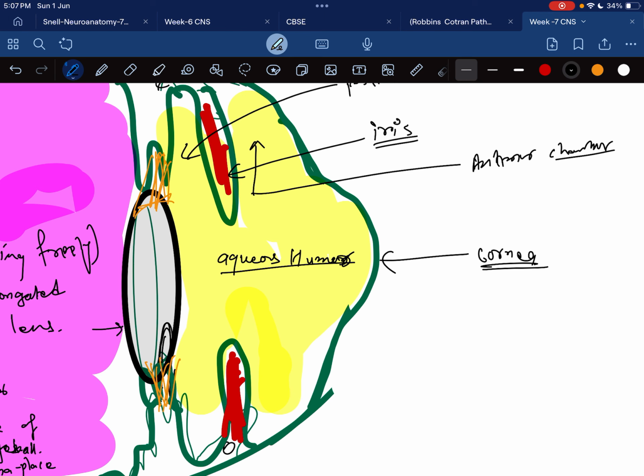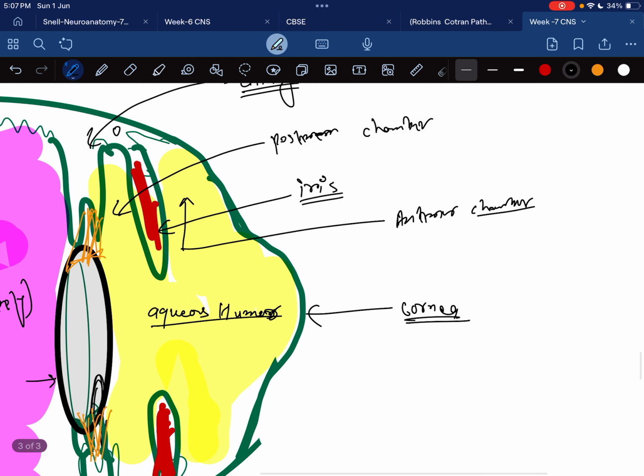It maintains the intraocular pressure, and it supplies nutrients to the lens and the cornea, and it also drains metabolic waste from them.